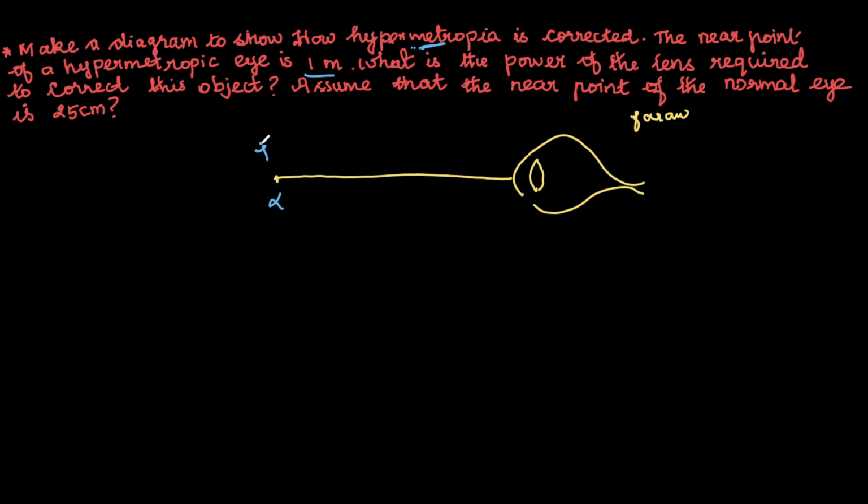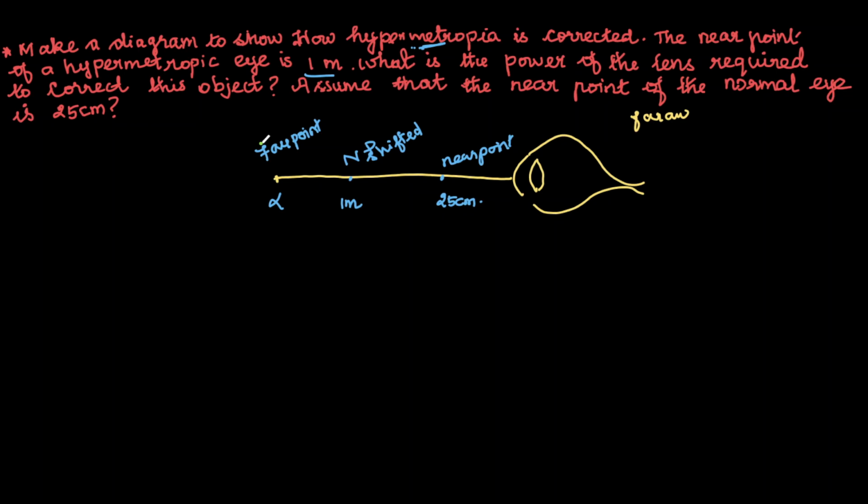The near point for a normal person is 25 centimeter. But for this hypermetropic person, the near point is shifted to 1 meter. So 1 meter is the near point.